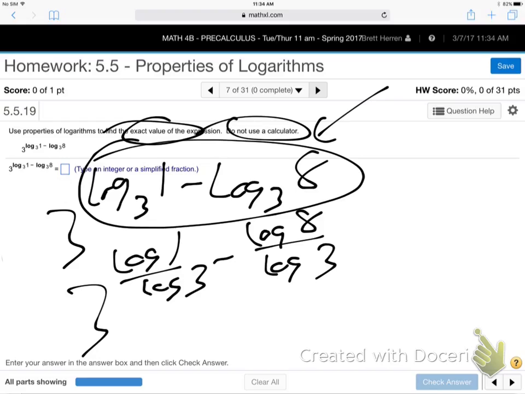What is the log of 8? Log of 8 divided by log 3. Nice, yeah, the calculator handled it.